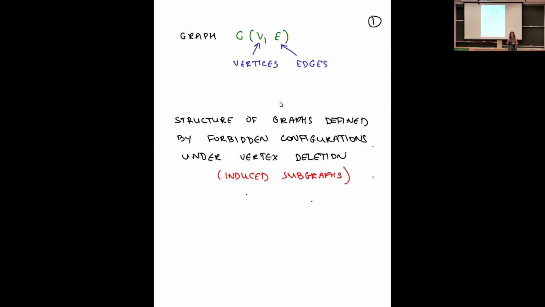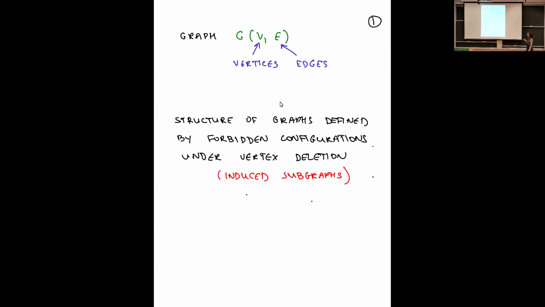I'll say this more precisely in a minute, but here's a graph, and I promise you that no matter how you delete a subset of vertices, this little configuration or big configuration cannot be reached. Then I try to either describe the structure of graphs like that or answer questions about them, but this is almost always the setup.